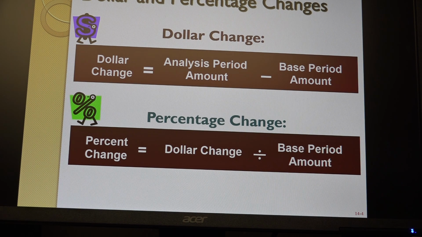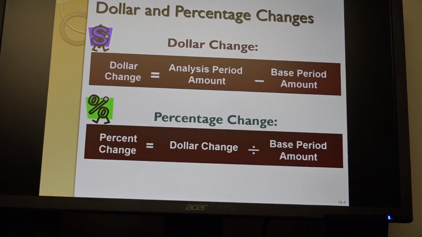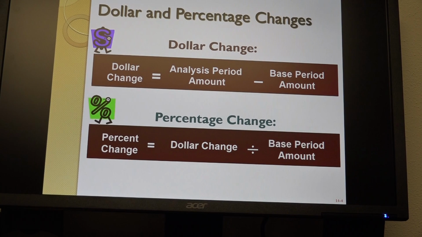But if you look at the raw numbers, you will note that from a strictly dollar standpoint, Walmart's dollars are much bigger than Target's, okay? And so it would be very difficult to compare Target to Walmart from a dollar standpoint.